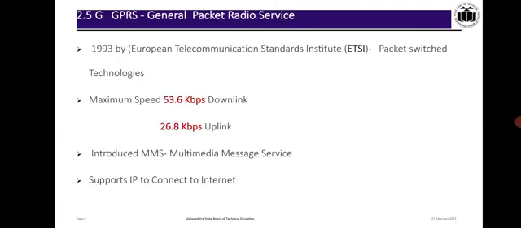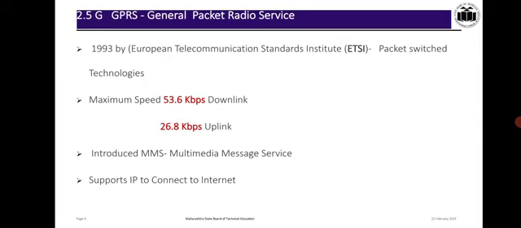In 2.5G, the General Packet Radio Service, GPRS, is used. That was invented in 1993 by ETSI. Here the maximum downlink speed is 53.6 kbps and the uplink speed is 26.8 kbps.